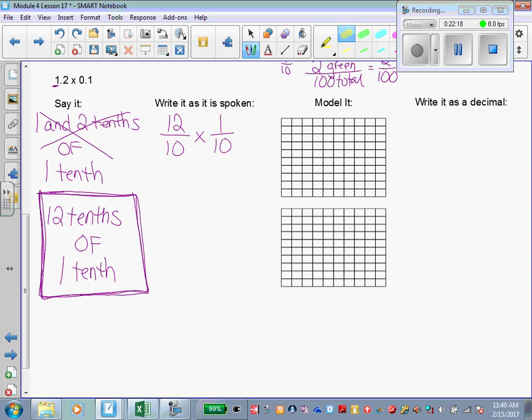Miguel. Two tallies? Two lines. So if I'm doing my highlighter, am I doing horizontal or vertical? Your pick. What? Vertical. So you want me to do 12 columns. Vertical is columns.